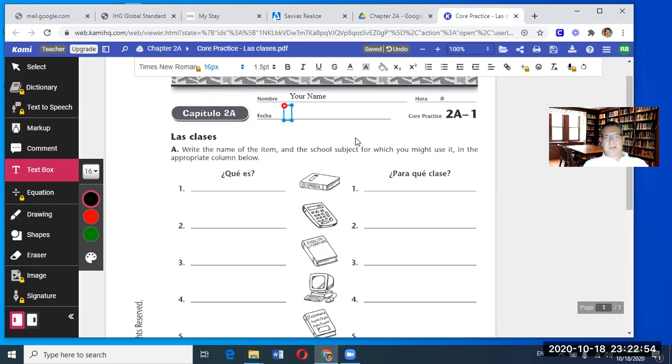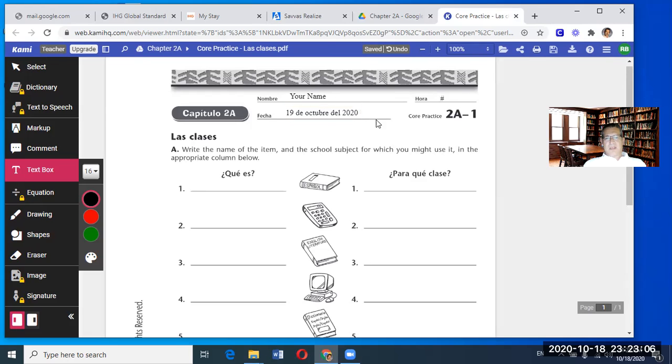So how do we write that in Spanish? 19 de octubre del 2020. October 19th, 2020. 19 de octubre, of October, of the year 2020, del 2020.